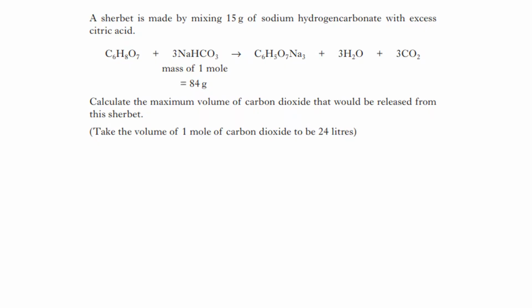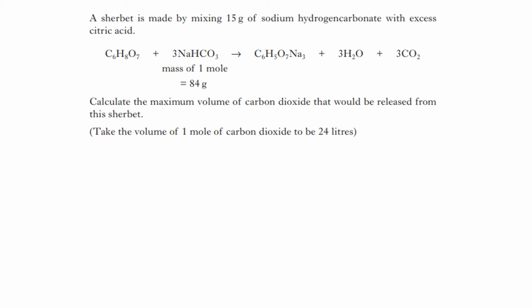We've been told a sherbet, so just a sweet, is made by mixing 15 grams of sodium hydrogen carbonate with excess citric acid. And you've been given the equation. With that equation, what you have is C6H8O7, then we've got 3 sodium hydrogen carbonate, then we've got this other chemical, which I'm assuming is the sherbet, then we've got 3 water and 3 carbon dioxide.